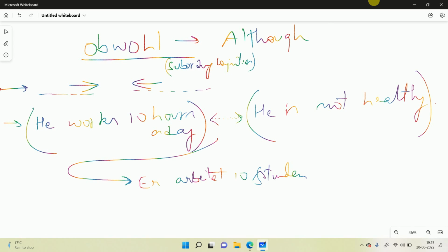I think this S will be capital, and then will be obwohl. Can somebody predict how the other sentence should look like in German? He is not healthy. Ist ungesund. Or you can say ist krank.